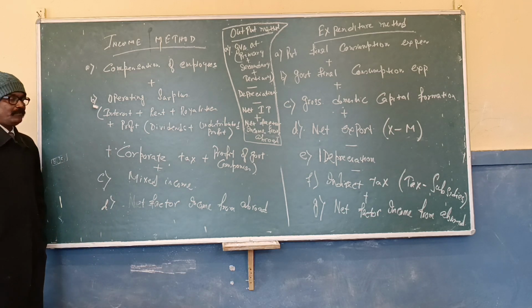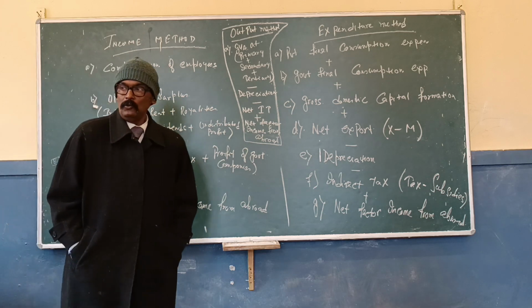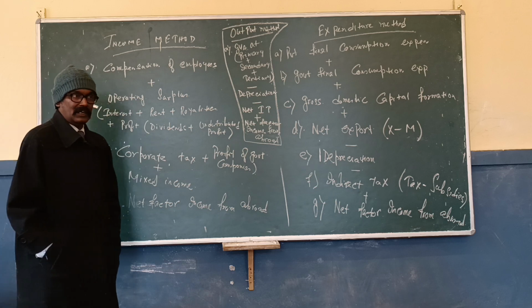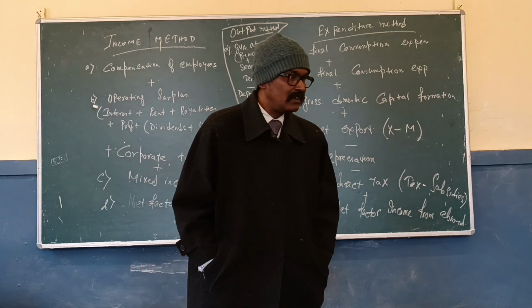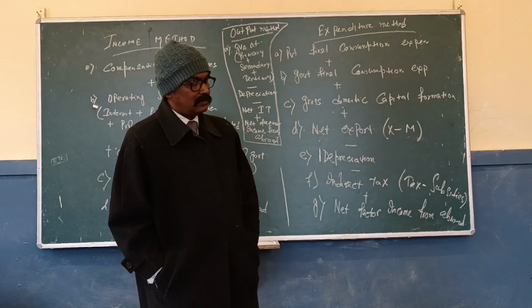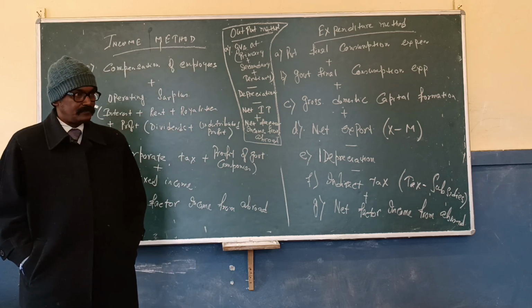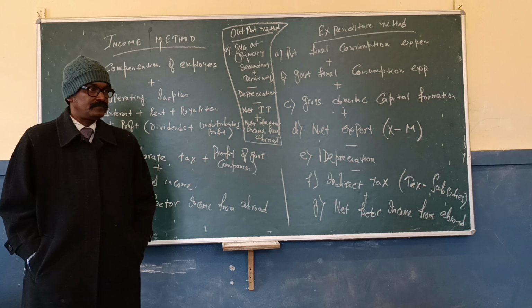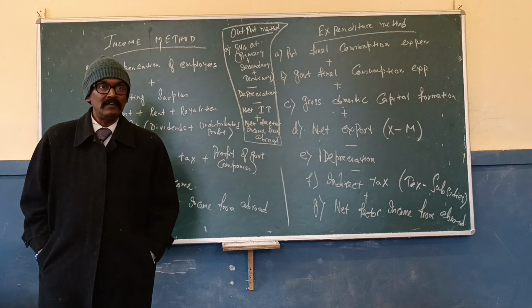Income method is very easy. In the income method, first of all, we have to know the compensation of the employee. What are the things in the compensation of the employees? Wages and salary, kind like accommodation, conveyance, and employers' social security schemes.